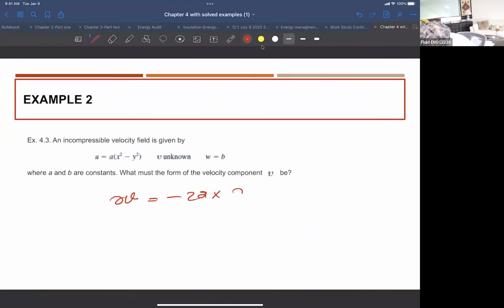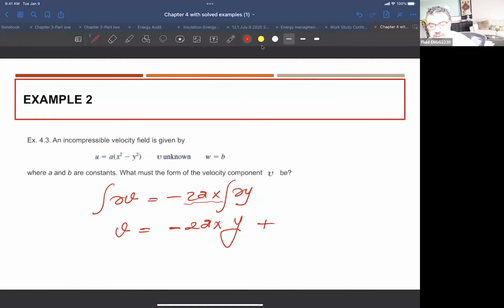When I integrate with respect to y, this is all constant with respect to y. So v here is minus 2axy, plus what? Constant.